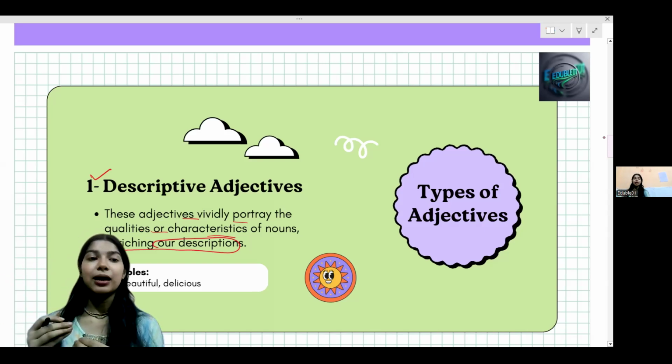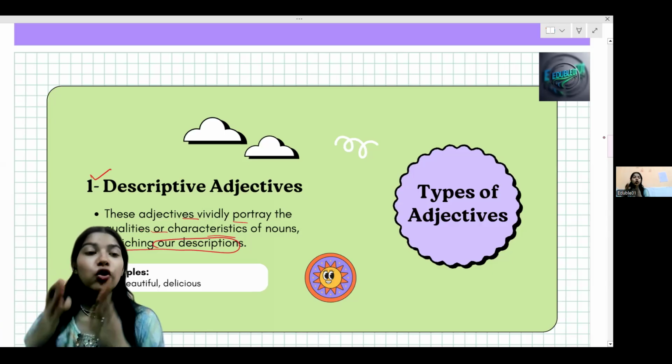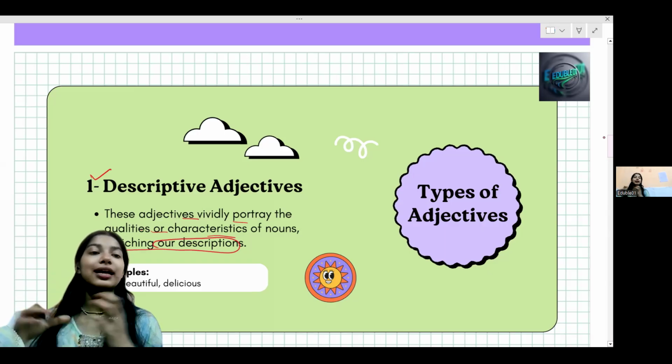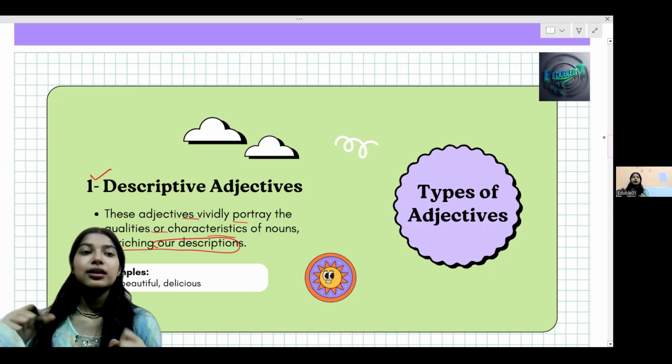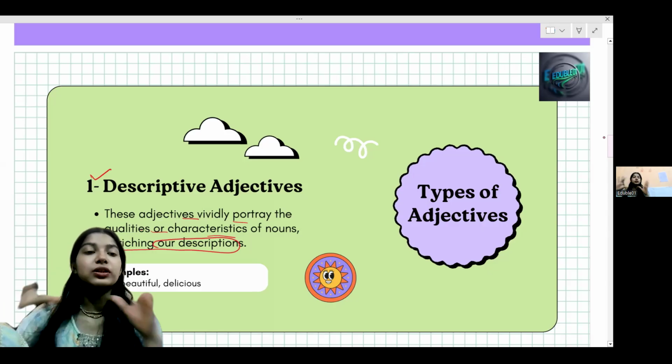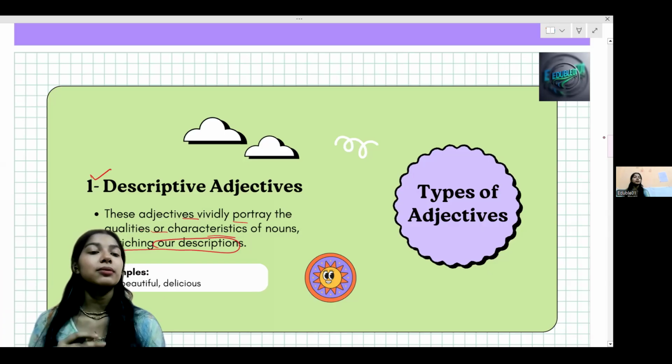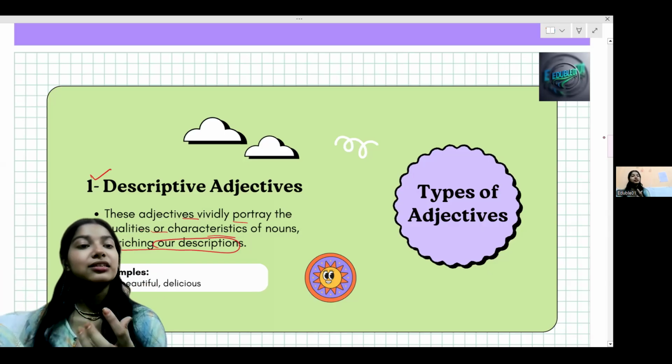So it tells about how it looks, how it tastes, how it moves. Like it tells about the characteristics and the physical features and how it portrays. It tells us about the description of any noun. Just like it is saying, descriptive.